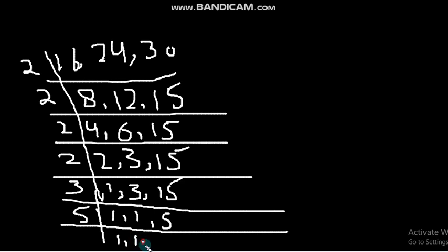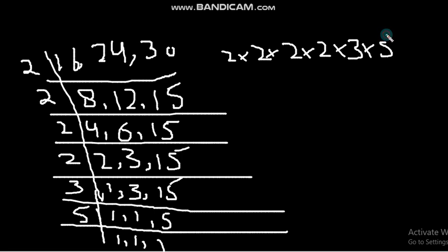1 1 1. Now we have the numbers 2 multiply 2 multiply 2 multiply 2 multiply 3 multiply 5. If we multiply all of these numbers, we will get 240.